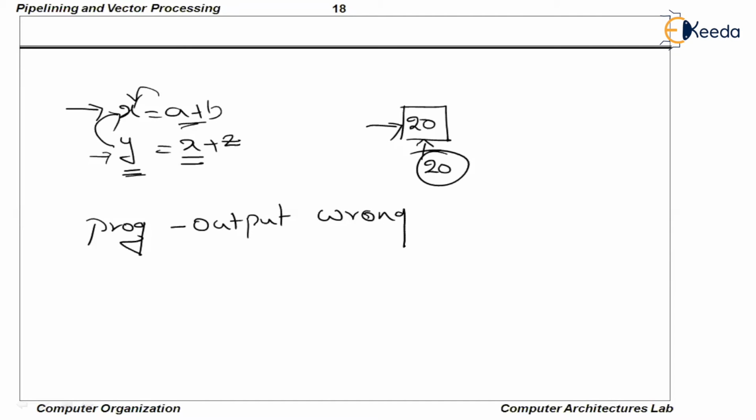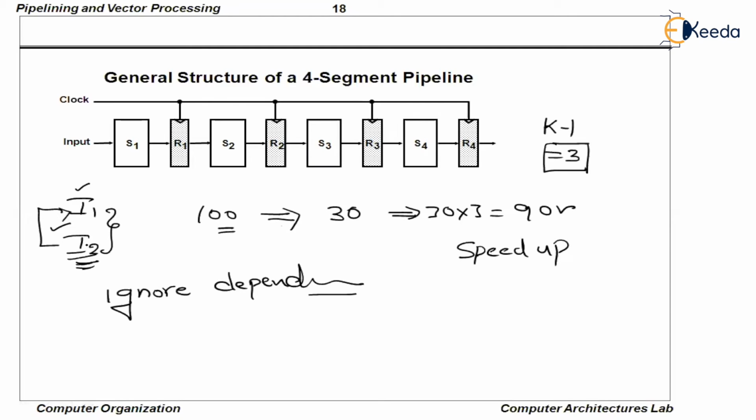Simple common sense this is. If you ignore the dependencies and send I2 right after I1, definitely the program output will be wrong, because I2 is going to read the previous value of x, not the value after execution of I1. So ignoring the dependencies doesn't work because the program outcome will be wrong.